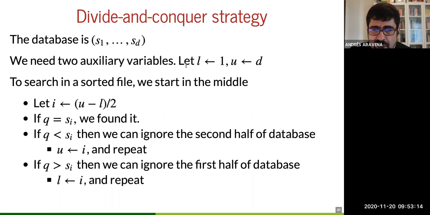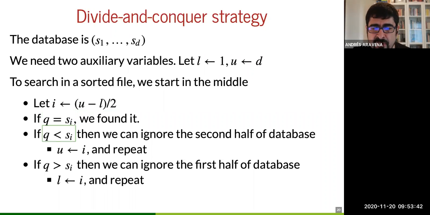So we need a lower bound, L meaning lower, and U being upper. Essentially, you take the middle, L plus U divided by 2, the midpoint. Then you compare your query to the subject in that position. If it's equal, you found it.